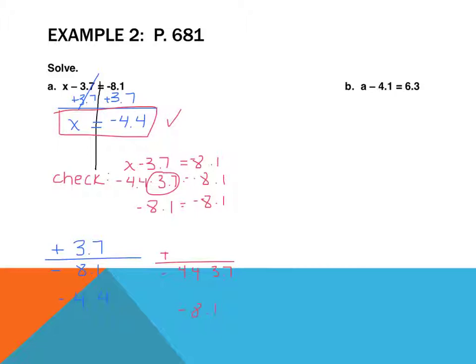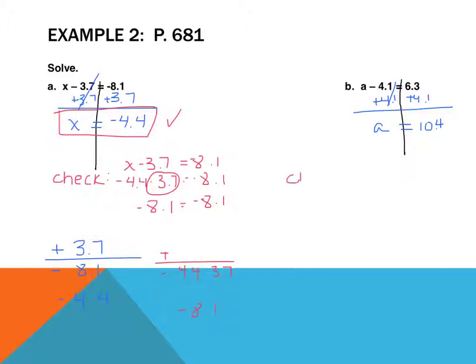On B, again, we'll start off by drawing our balance line. Then A minus 4.1, so the opposite is to add 4.1. That gives us A equals 10.4.